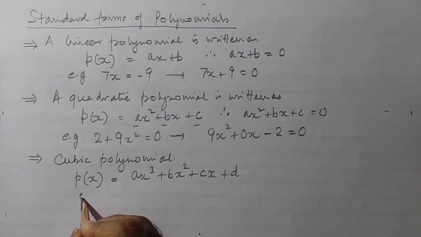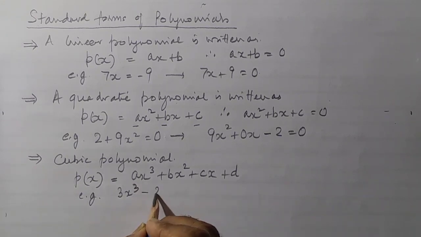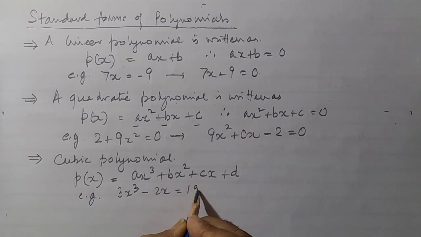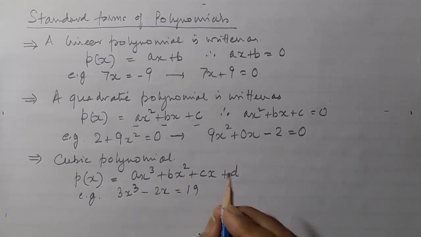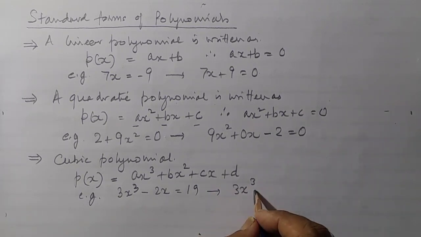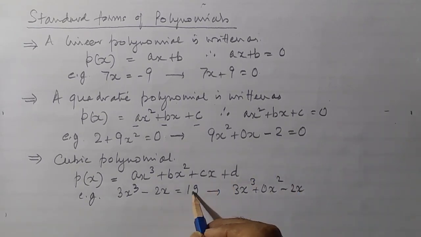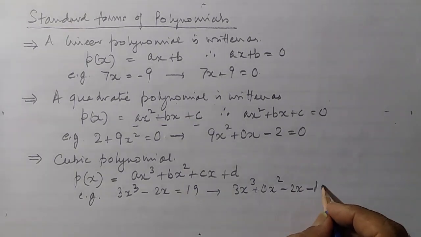And let's take an example here. 3x cubed minus 2x is equal to 19 can be written as 3x cubed plus 0x squared minus 2x, and 19 comes here, so it becomes minus 19 is equal to 0.